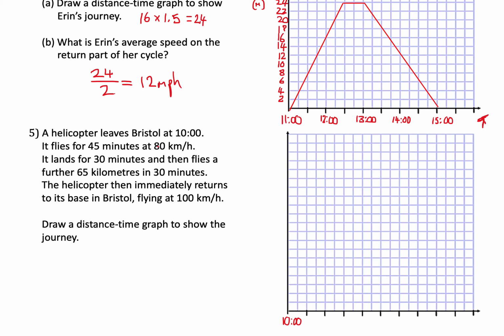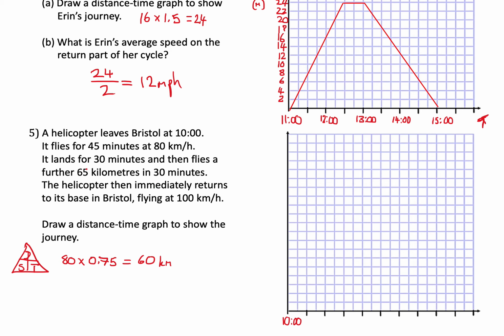So it flies for 45 minutes at 80 kilometers per hour. So distance is speed times time. So I'm going to do 80 times, and the time there is 3/4 of an hour, or 0.75, and that'll give 60, so it travels 60 kilometers in the first leg.